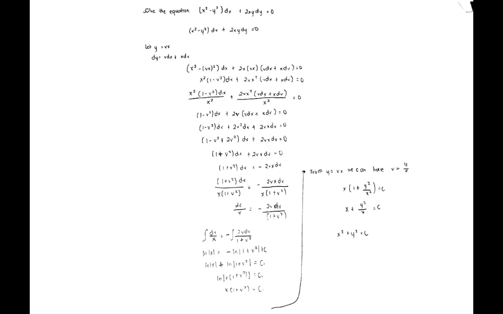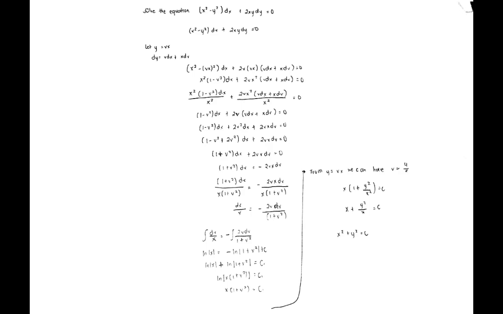Now we substitute it. We have (x squared minus v squared x squared) dx plus 2x times vx times (v dx plus x dv) equals 0. Next, we have x squared times (1 minus v squared) dx plus 2v x squared times (v dx plus x dv) equals 0.